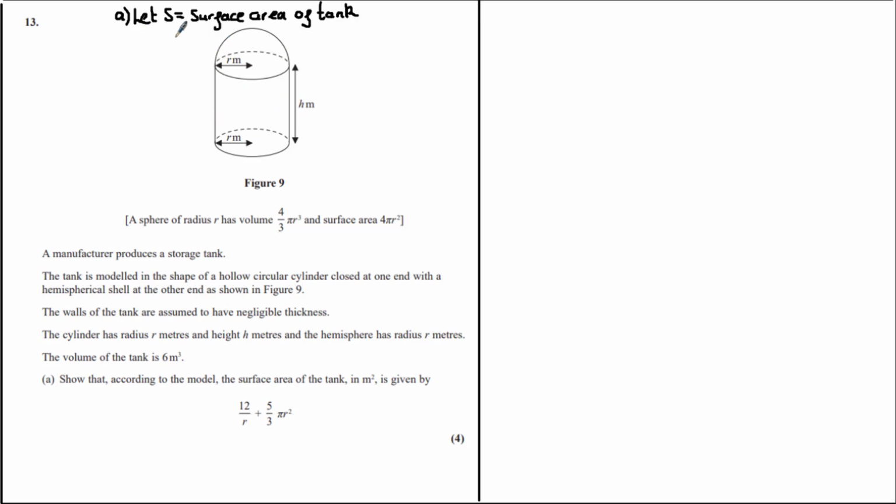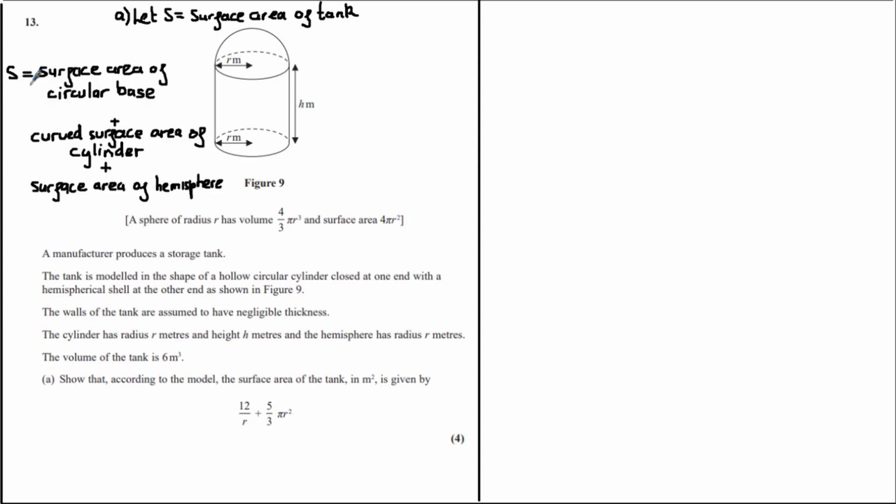So if we let S be equal to the surface area of this tank, then S, the surface area, is equal to the surface area of the circular base plus the curved surface area of the cylinder plus the surface area of the hemisphere. So given the information we have in this question, let's try and work out expressions for each of these surface areas.